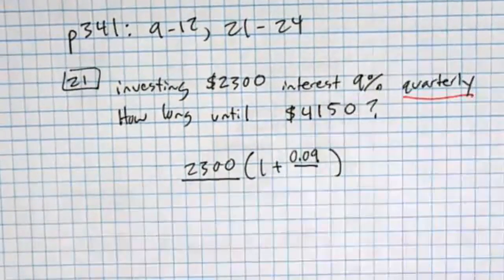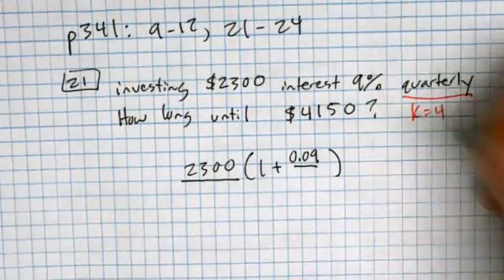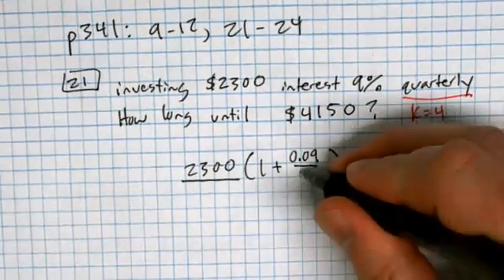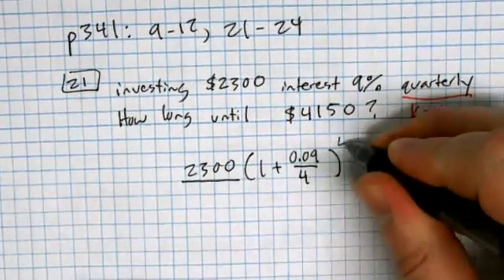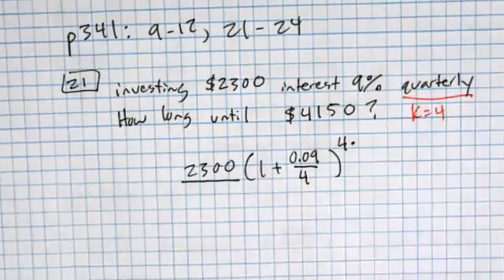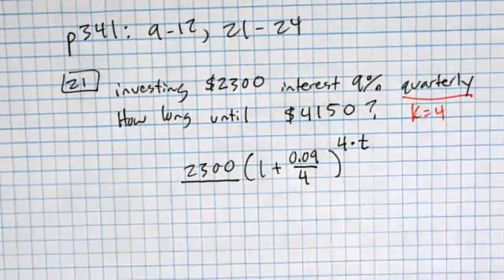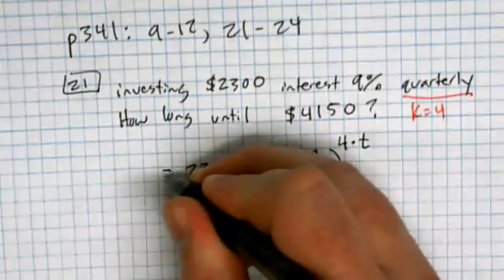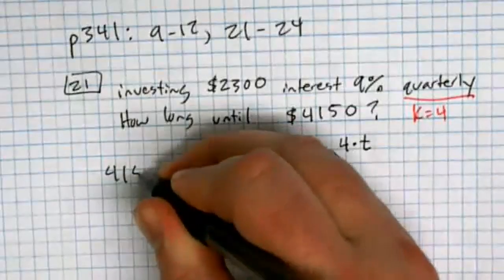Say 0.09. What's K if we're compounding quarterly? K would be 4. And then we need a 4 up here also. Times T, we don't know. That's what we don't know. We're going to solve for T. And our final amount at the end is going to be 41,050.